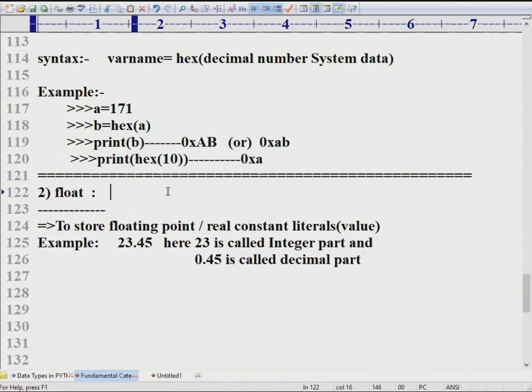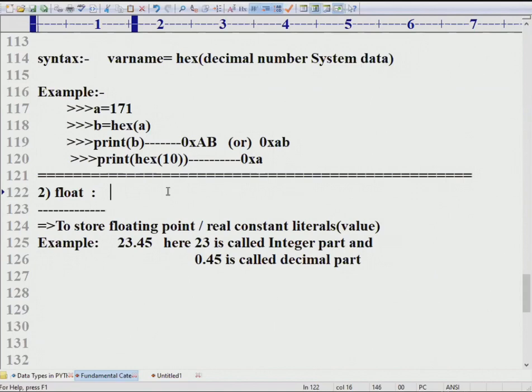Whether you take float or double, it can take any amount of data, as far as integers and floats are concerned. If you go to C programming, under the integer category there are 4 to 5 data types: long int, short int, unsigned int, so many. They are only for the examination point of view; in real-time they are of no use. Luckily, in Python there are no dual data types under one category.